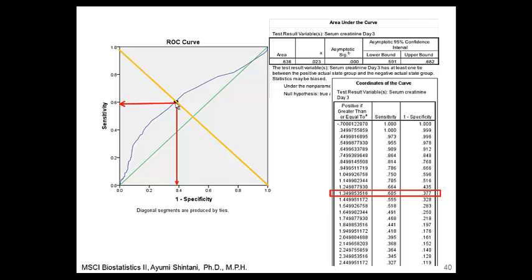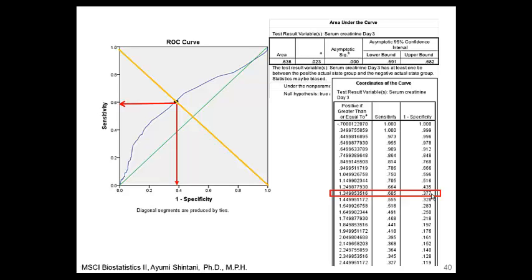It happened to be the point we chose to begin with. So if you choose 1.34 or 1.35 as a cutoff to predict that a patient would have events, that gives the best predictions based on the sum of sensitivity and specificity.